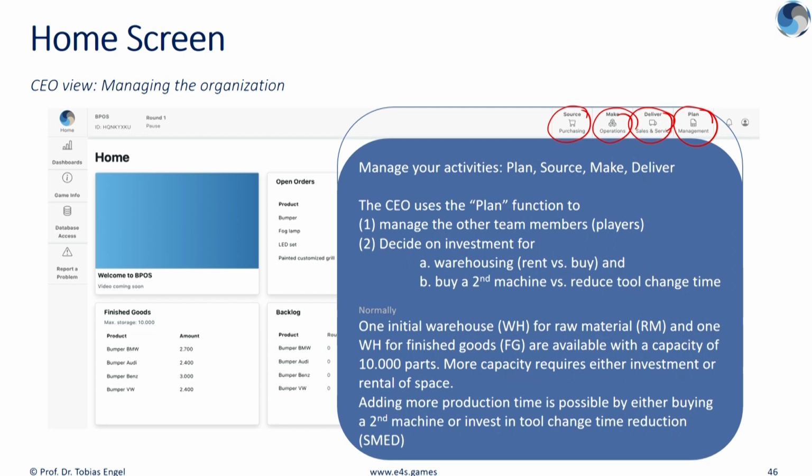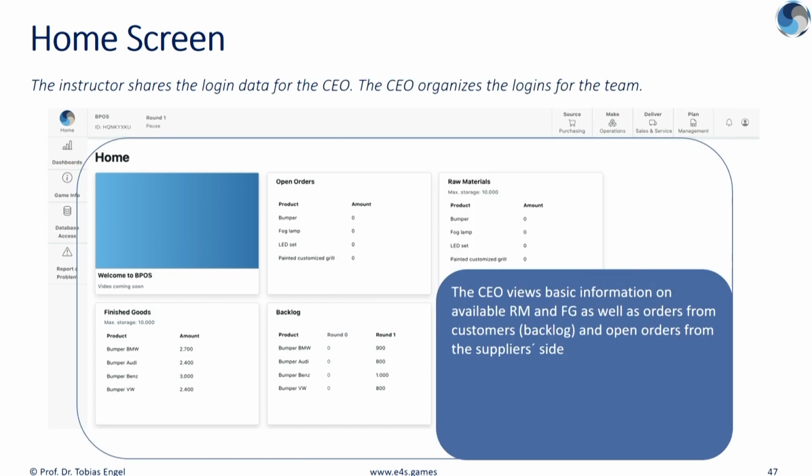And then you can also find all that information if you want to do something here on the left side. It's called Game Info. If you click on that, there will be another menu with source, make, deliver, and plan that drops down, where you can see all the information. Well, we'll come to that.